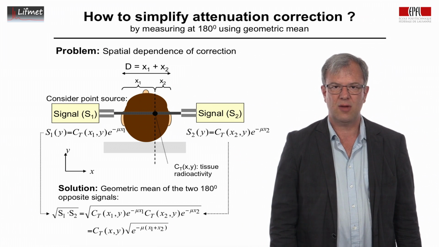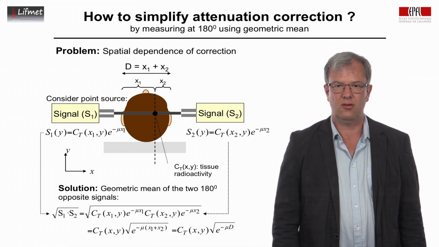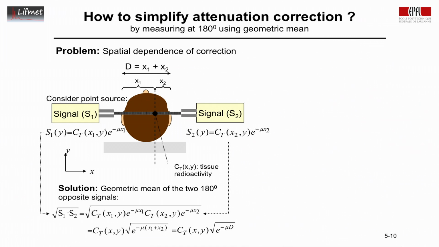Then we have e to the minus mu times x1 plus x2, and that is the square root of e to the minus mu D. Reminder, D is equal to x1 plus x2. So if we simplify, the geometric mean, that is the multiplication of S1 with S2, taking the square root, is equal to the tissue radioactivity times e to the minus mu D divided by 2.